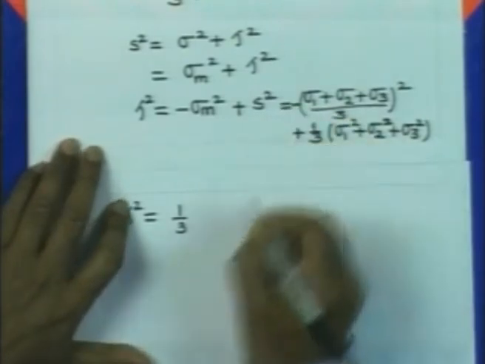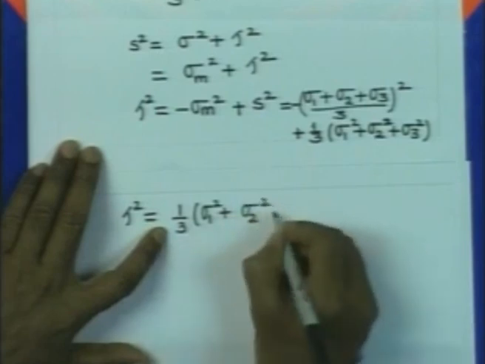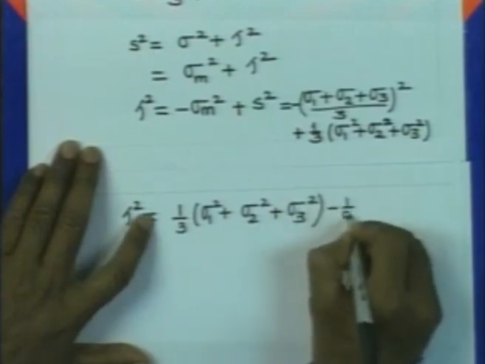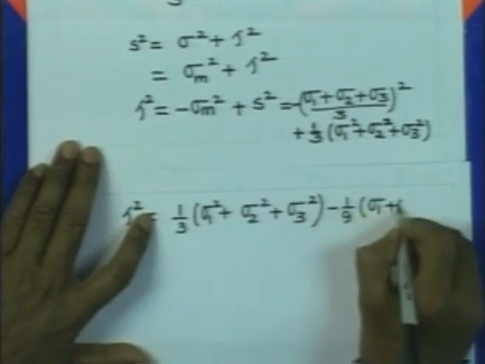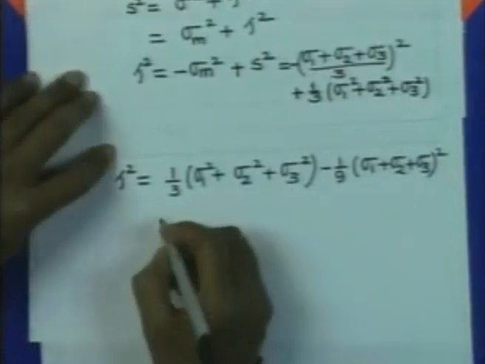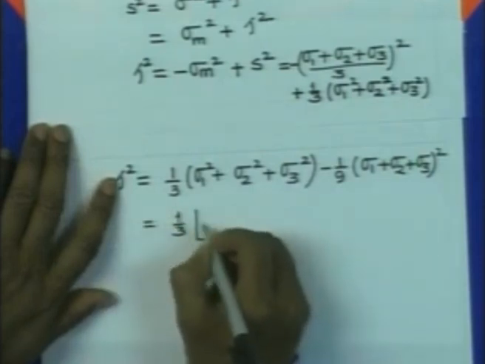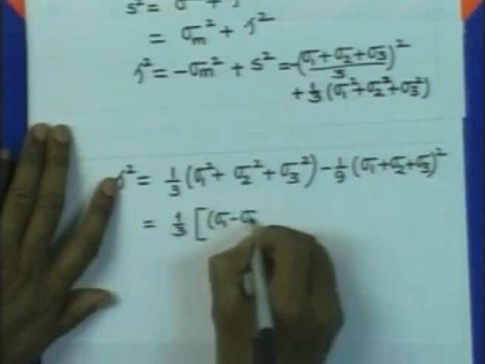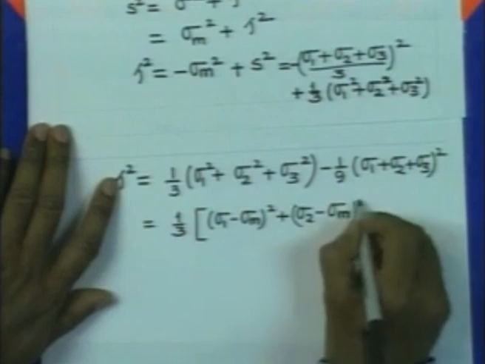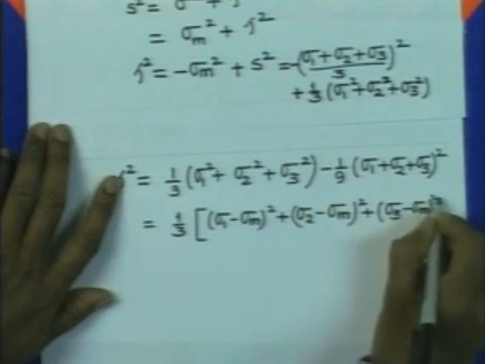So, this is it, and therefore, we will have it like this: 1 by 3 into sigma 1 square plus sigma 2 square plus sigma 3 square minus 1 by 9 sigma 1 plus sigma 2 plus sigma 3 whole square, and this can be simplified to the form, it is nothing but 1 by 3 of sigma 1 minus sigma m whole square plus sigma 2 minus sigma m whole square plus sigma 3 minus sigma m whole square.